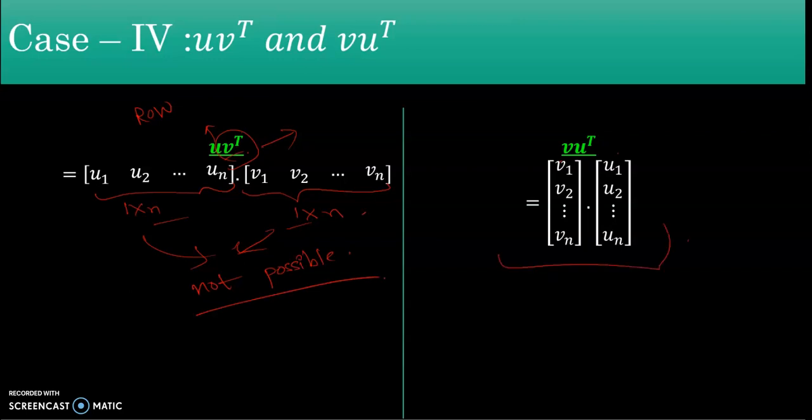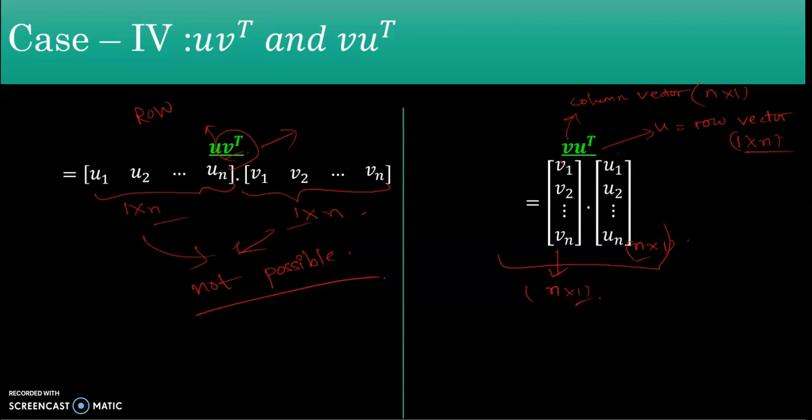Similar with this case also. v is our column vector of original size n cross 1. u was supposed to be a row vector of size 1 cross n. Upon taking the transpose, it becomes n cross 1.